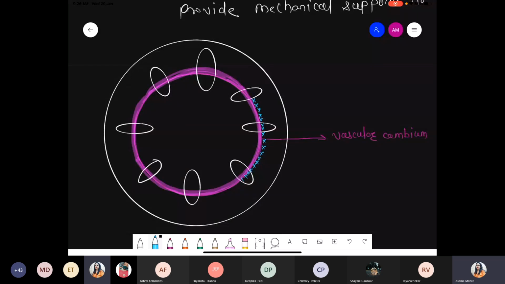Whenever they cut toward the outer side, obviously what they form is a typical structure, the secondary phloem.